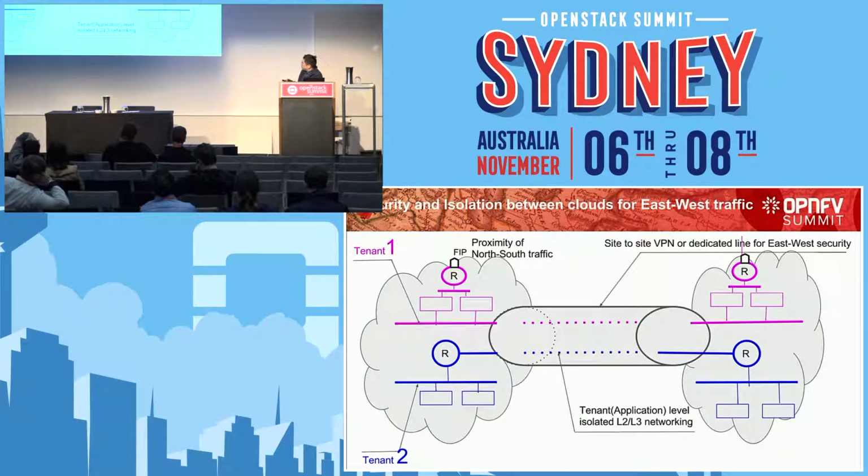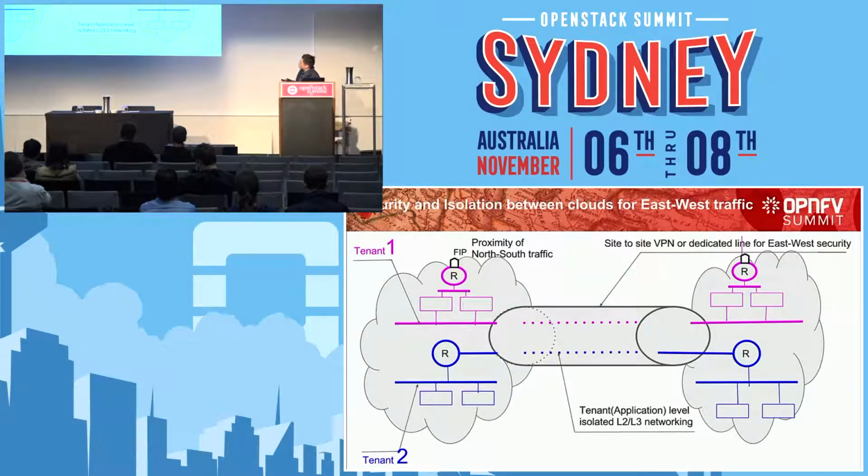How to establish the east-west network? We propose that site-to-site VPN or dedicated line could be established between different sites. We use VXLAN or layer 3 network or bridge network to do the isolation between different tenants.